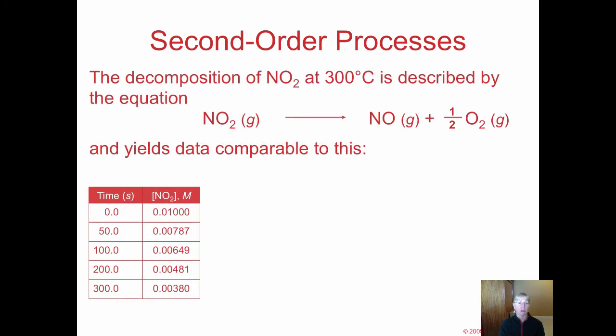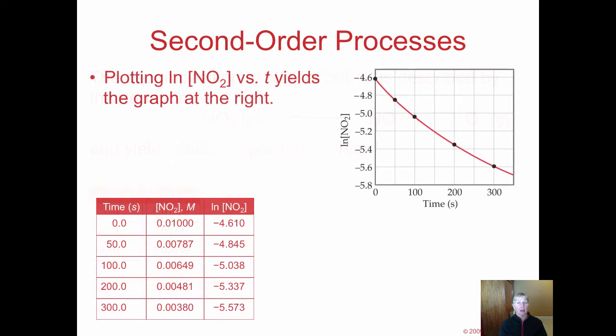And the picture that you get, let's say if we take this decomposition of nitrogen dioxide, and you've got a particular time and a particular concentration, if you plot it as the natural log, you could create a chart where they give you time and concentrations.